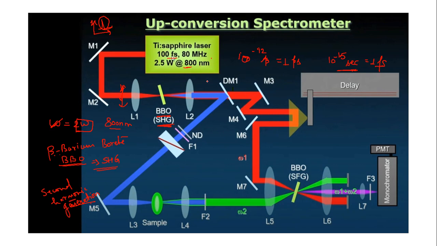Since the wavelength has an inverse relation with frequency, lambda will become half of its original value, 800 by 2, equal to 400 nanometer.